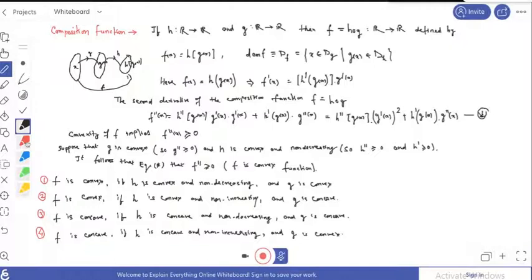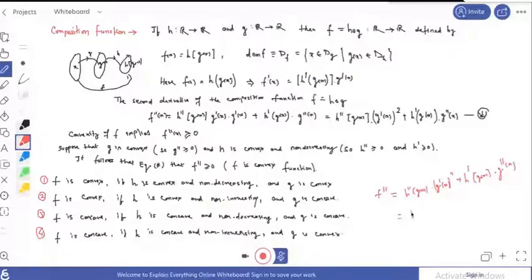Okay, and what are the result? Result is only based on this: F double prime equals H double prime of whatever the function g(x), into g prime x square, plus h prime, which is a function of g(x), multiplication g double prime x.